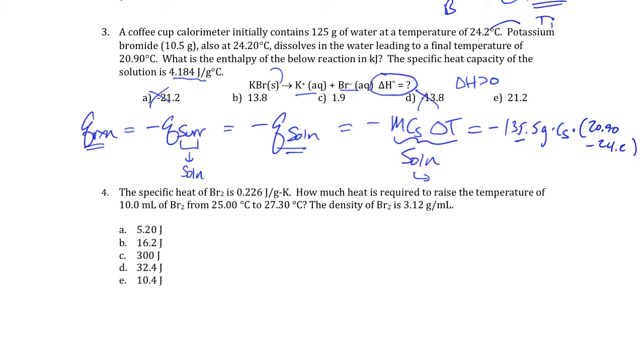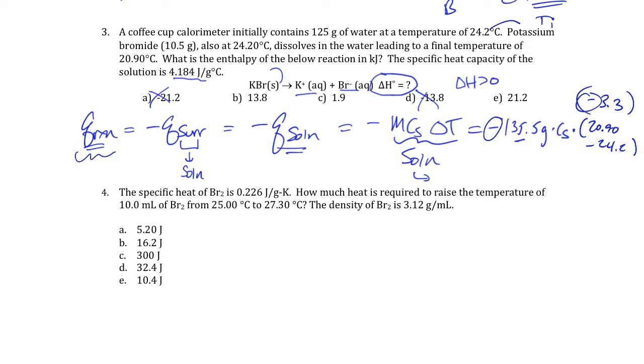So let's do that math first. 20.9 minus 24.2. That's a negative temperature drop. So our delta T is negative. So the negative and the negative here will cancel each other out. That'll give the Q reaction a value greater than 0, or a positive value.